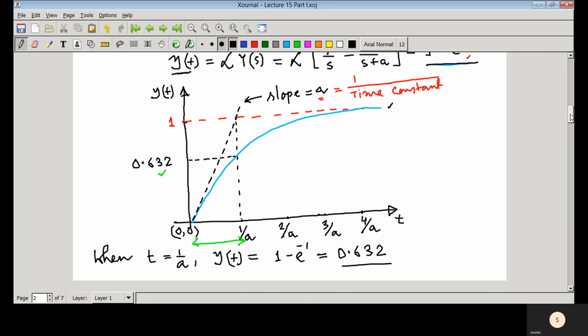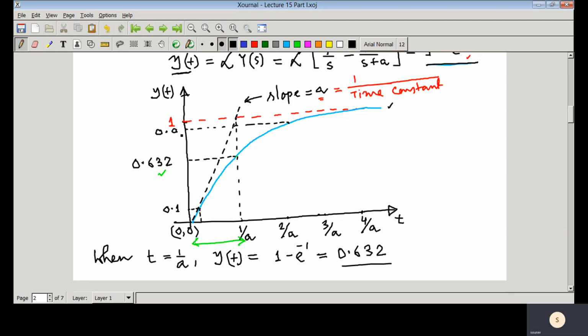So now, suppose this is 0.1, and suppose this is that 90% here.